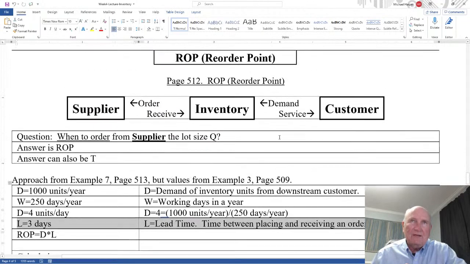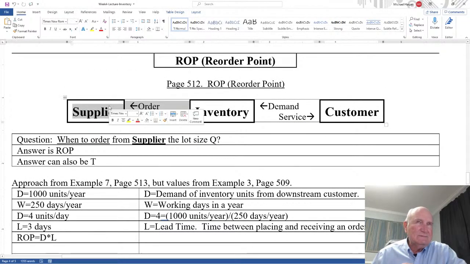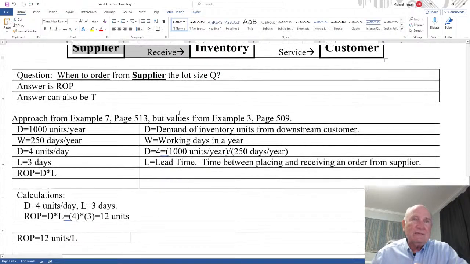In other words, if I place an order on Monday, I receive that order the next Monday, well then my lead time is 1 week or 5 working days. So I have to wait 1, 2, 3, 4, 5 working days, and then on the 6th day, the next Monday, I receive it.